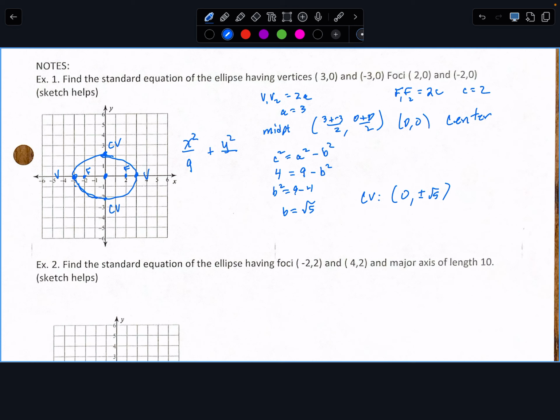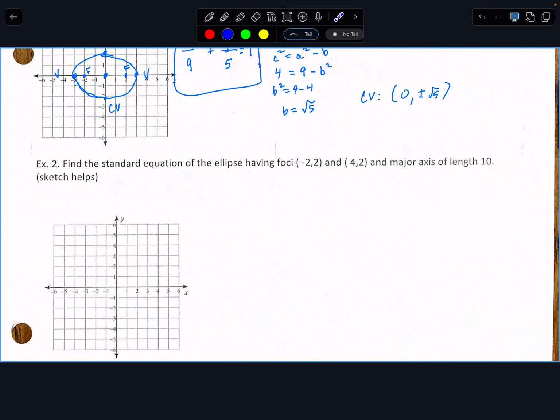And the b squared goes under y, and that has to equal 1. So you need to know that the distance between the vertices is 2a, the distance between the foci is 2c, and the distance between the covertices is 2b. You need to know that as well.